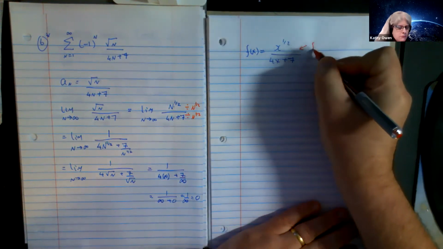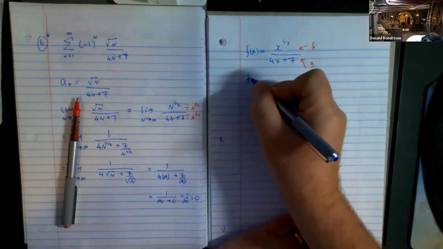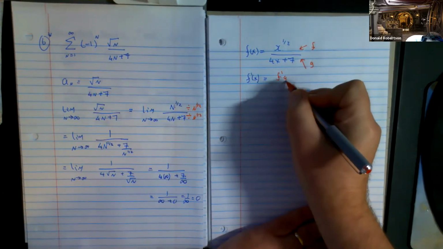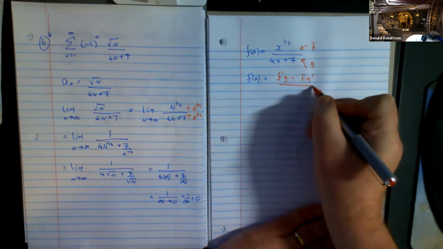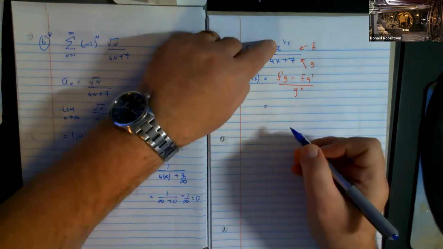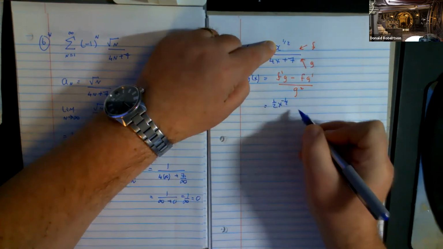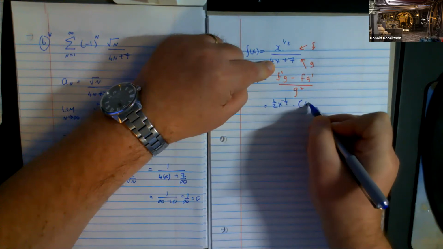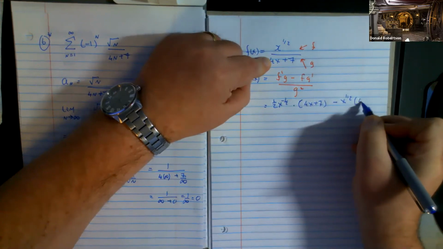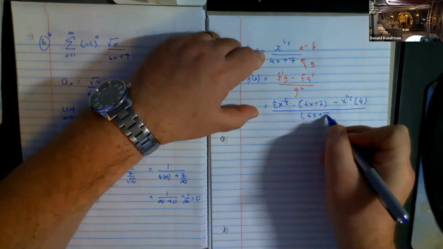So I'm going to pick this as f, I'm going to pick this as g, and our derivative, according to the quotient rule, is f dashed g take away f g dashed all over g squared. And if you differentiate this, you get 1/2 x to the negative 1/2 times, leave this guy alone, take away this guy times the derivative of him, which is 4, and the whole thing is over that guy.